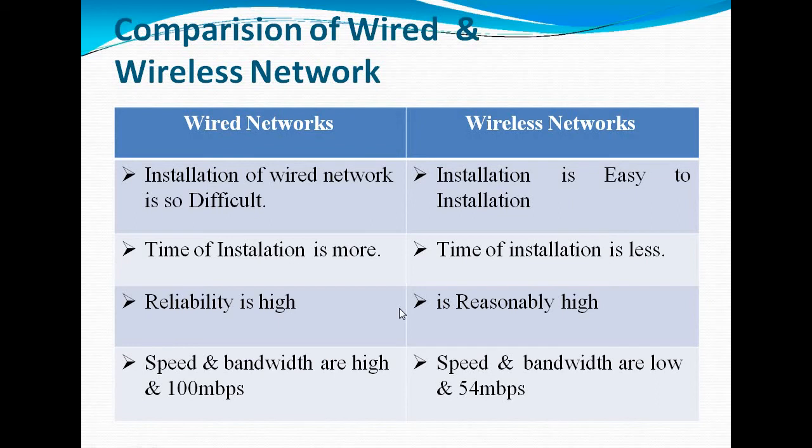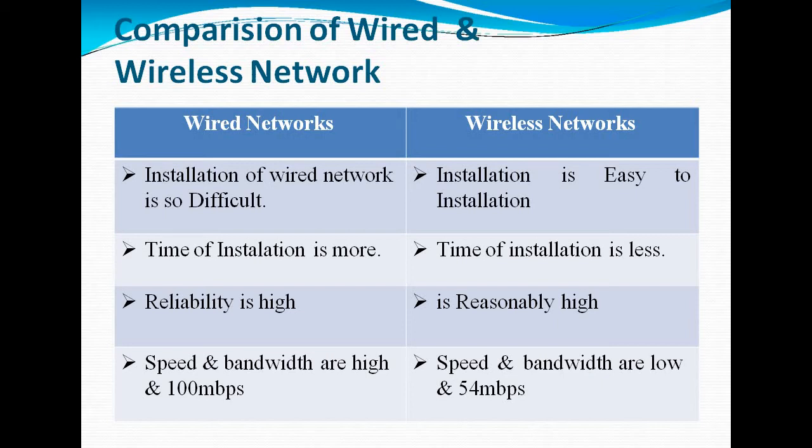So here is the comparison between wired and wireless networks. Installation of a wired network is difficult, but a wireless network is easy to install. In a wired network, the time of installation is more, and in a wireless network the time of installation is less.